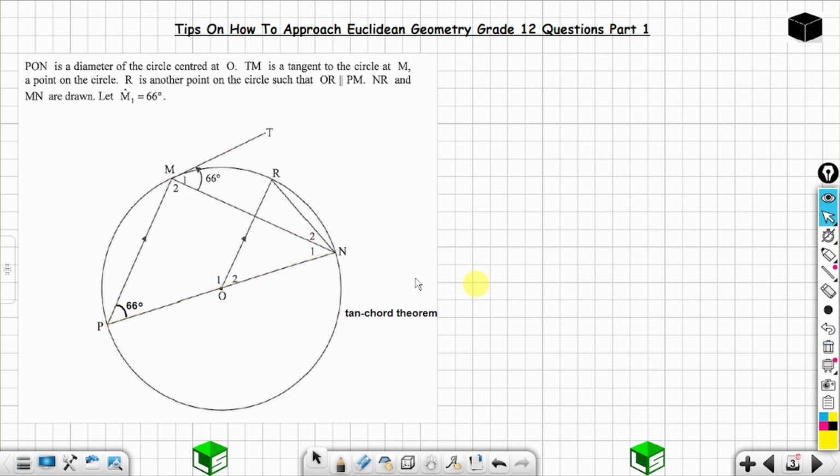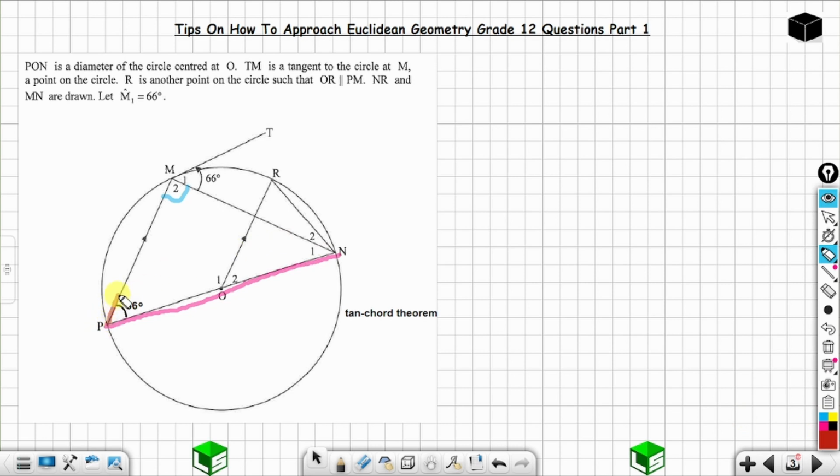You can also see that you have this angle. Let me use my highlighter. So you have this angle, which is subtended by the diameter. This is the diameter, PON. You can see you have this chord and this chord that have come off from the edge of the diameter. Let me show you that, I can use a different color.